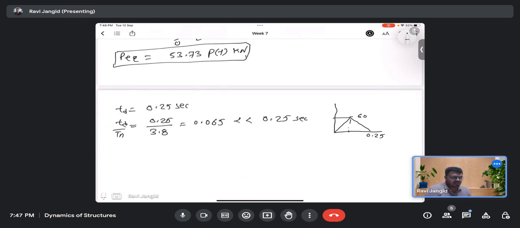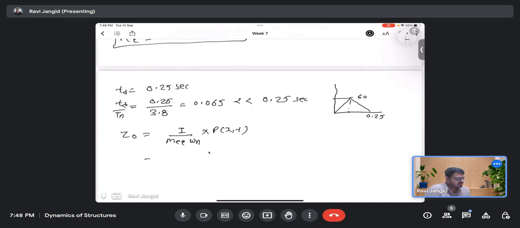So for this, how was my response? Z naught would be I by M equivalent into omega n into PXT. Okay, so I is what, 1 by 2 into 60 into 0.25.